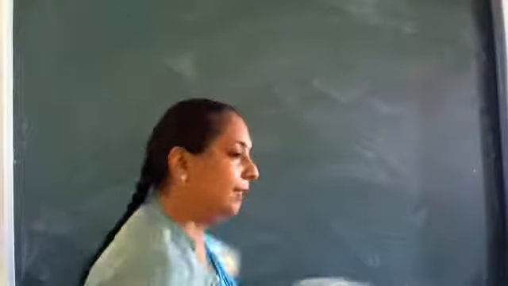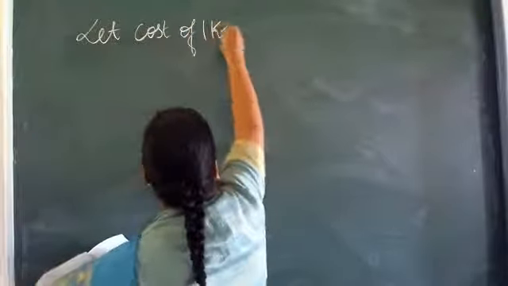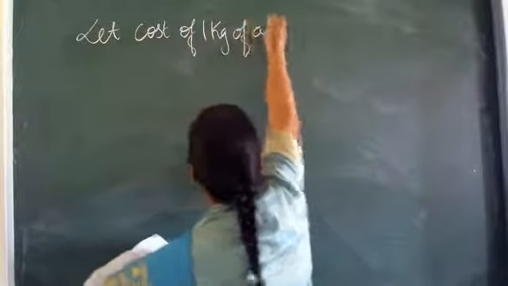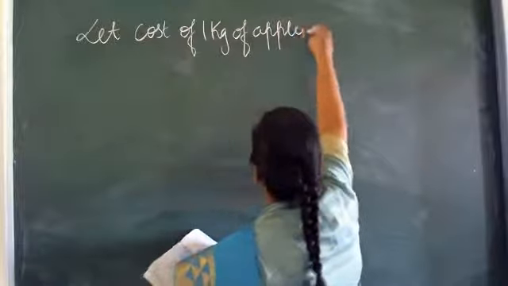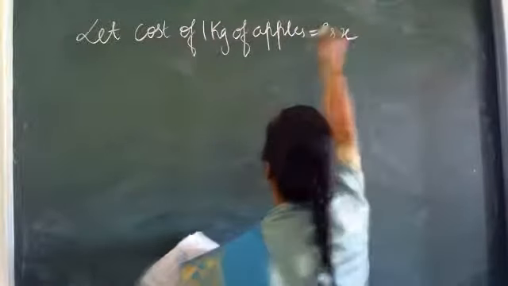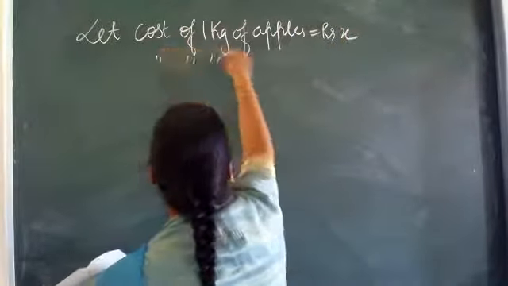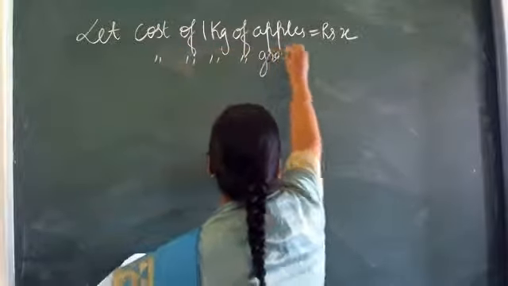So let us take the cost of 1 kg of apples as rupees x and 1 kg of grapes as rupees y.